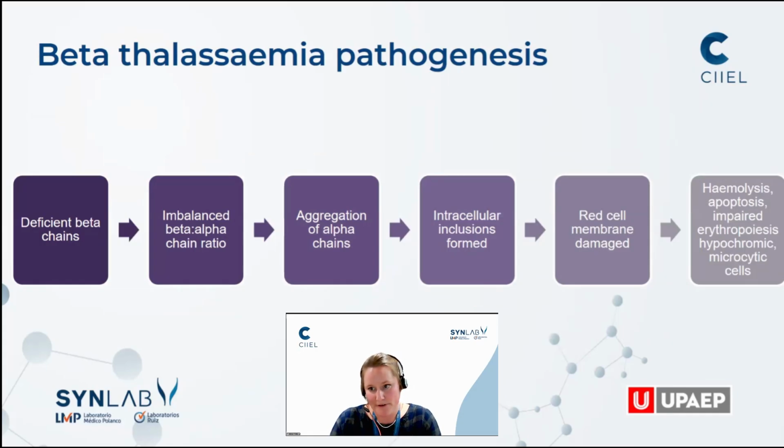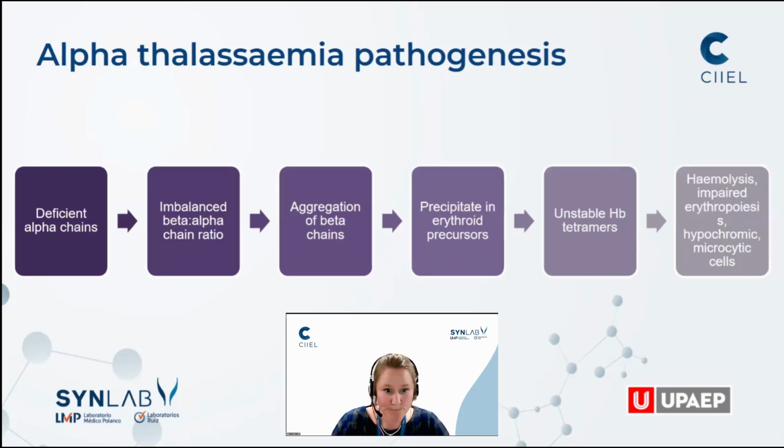The excess alpha chains then form aggregates and intracellular inclusions, which cause damage to the red cell membrane, which then means you end up with hemolysis, apoptosis, impaired erythropoiesis, and these hyperchromic microcytic cells, which we talked about. So that's how the disorder is actually formed. It's the hemolysis, which then results in the anemia and the sequestration of the hemolyzed blood cells in the spleen.